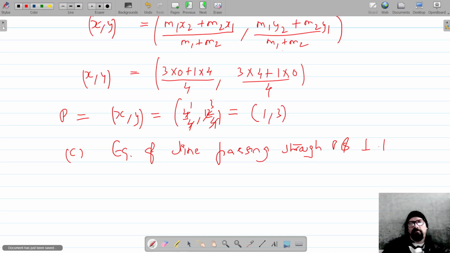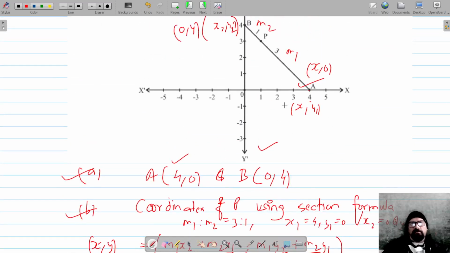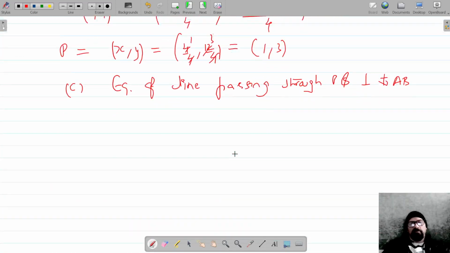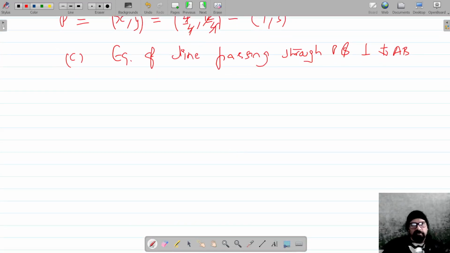So find the equation of the line which is passing through P and perpendicular to AB. So that means we have got the coordinates through which the line is passing. These coordinates are 1 comma 3.